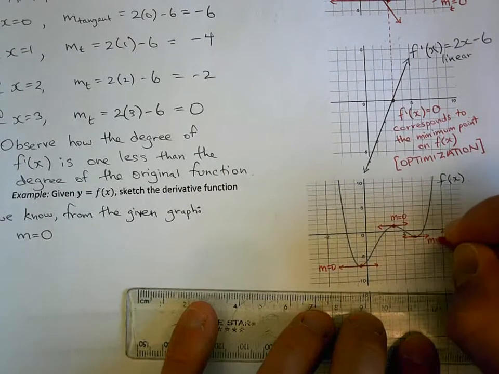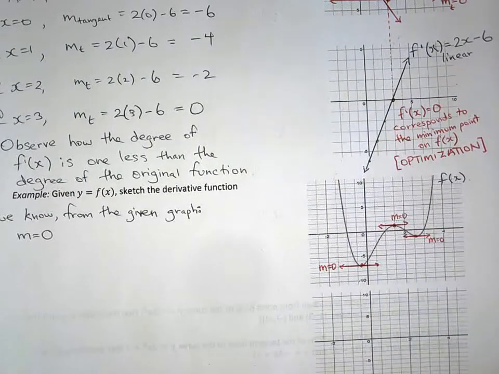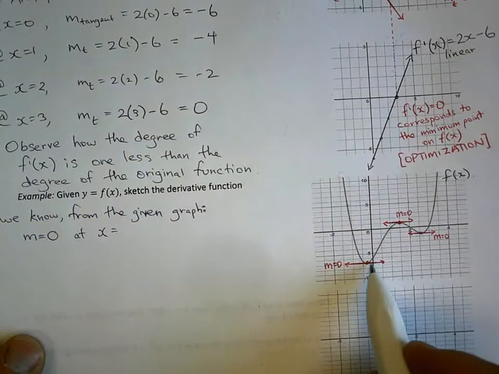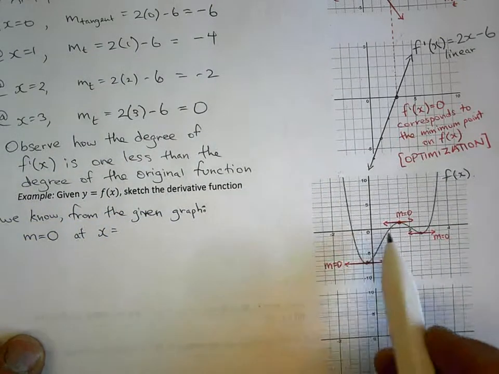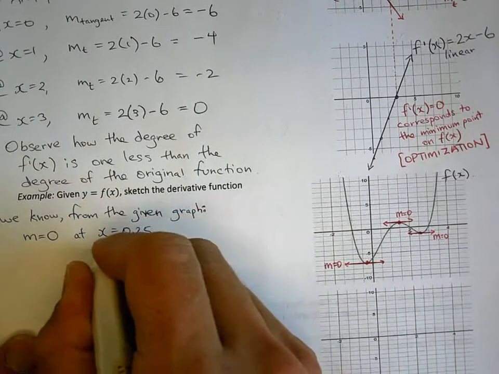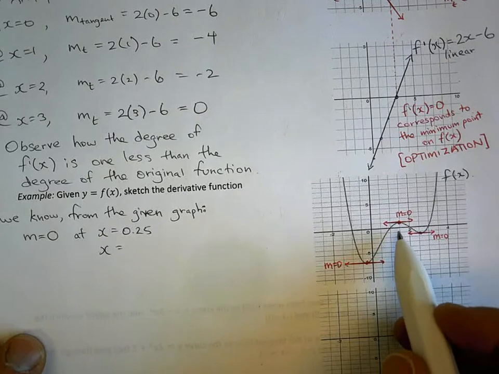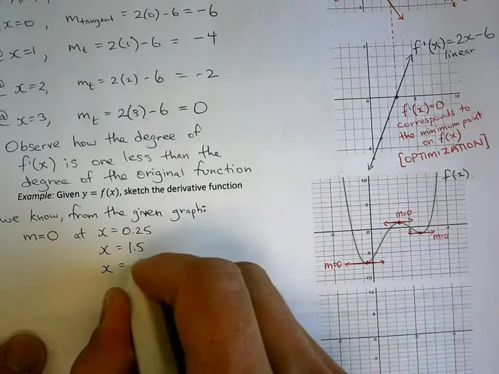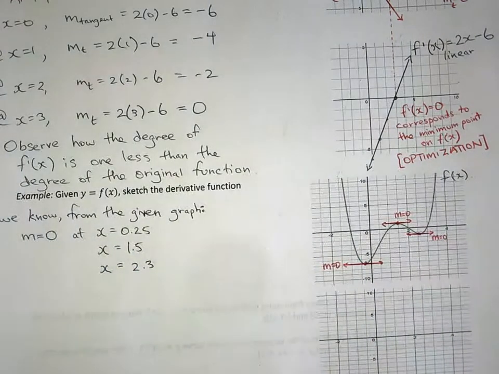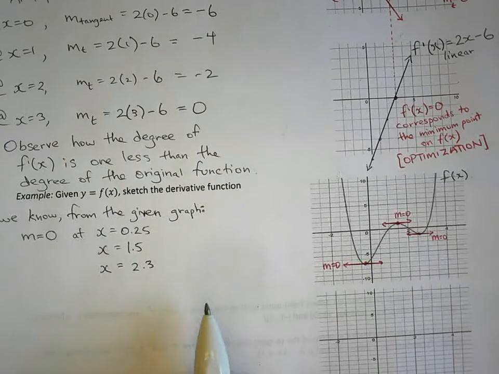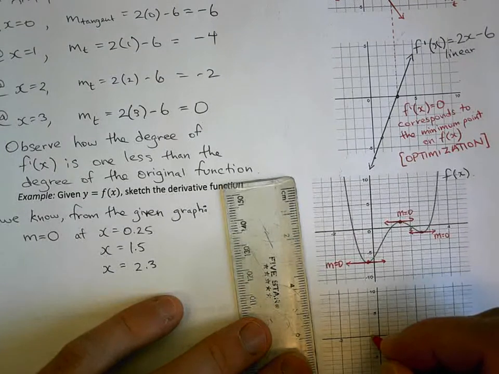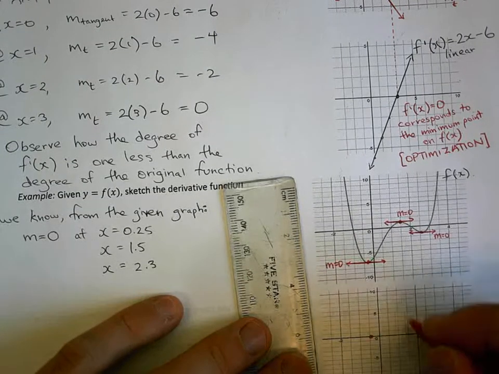So we know that the slope is 0 at x equal to negative 0.25, x equal to 1.5, and 2.3, approximately. So those points correspond to a derivative function where the derivative is 0. So here the derivative is 0, here the derivative is 0, and at 2.3, the derivative is 0.